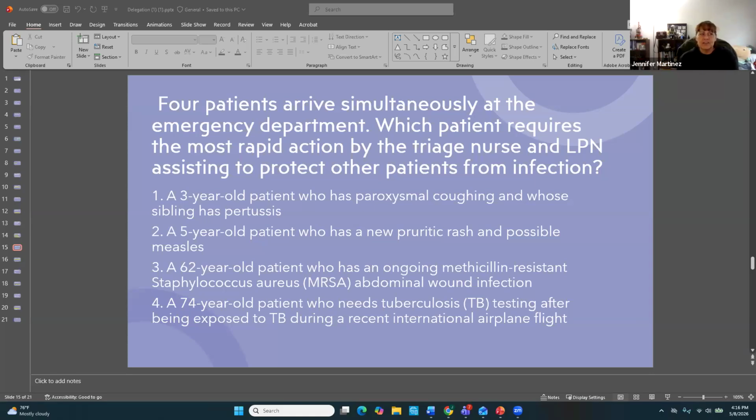We have a 5-year-old patient who has a new pruritic rash and possible measles. We have a 62-year-old patient who has an ongoing methicillin-resistant Staphylococcus aureus, or MRSA, abdominal wound infection. Or we have a 74-year-old patient who needs tuberculosis testing after being exposed to TB during a recent international plane flight.